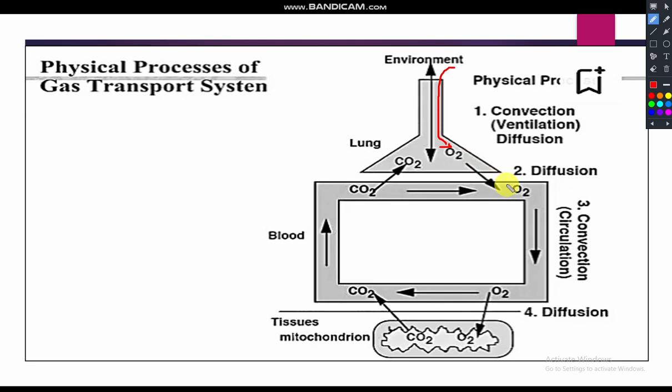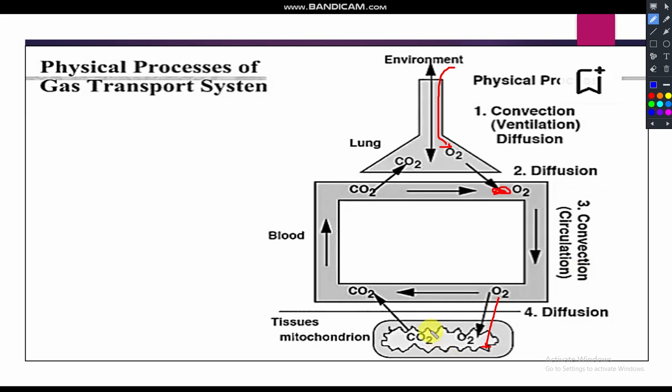The oxygen diffuses into where? The blood. From the blood, this oxygen, in fact, is transported by the blood, and it diffuses from the blood into where? The tissues. And this is where cellular respiration takes place. The exchange of gases between the tissue and the blood. It's that simple.